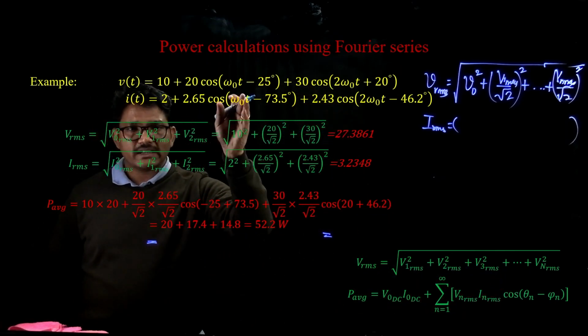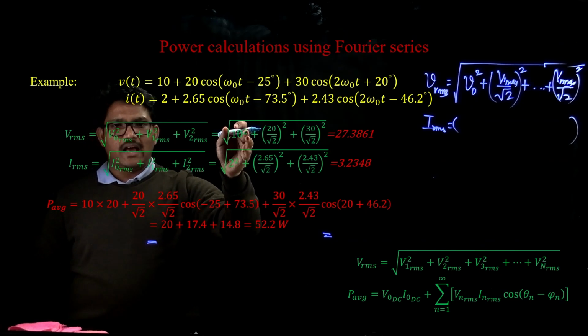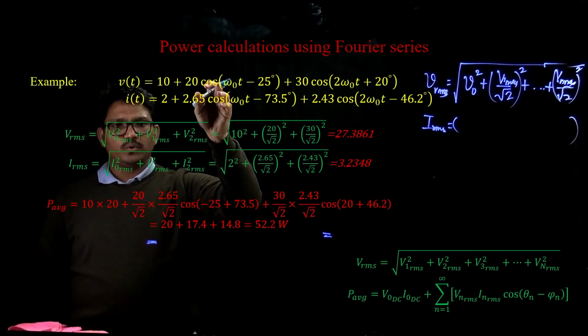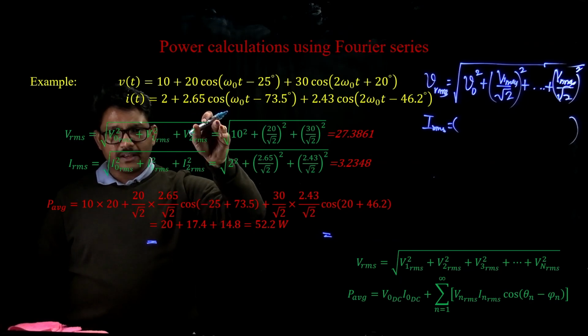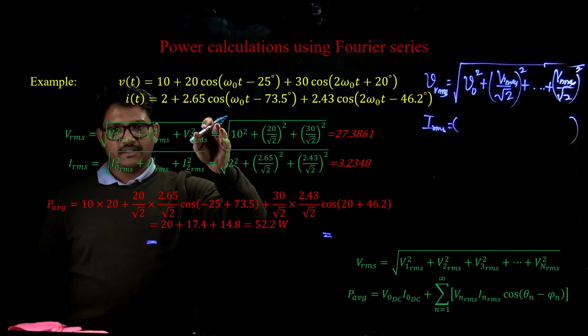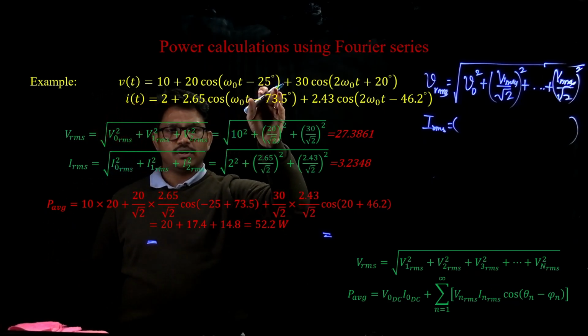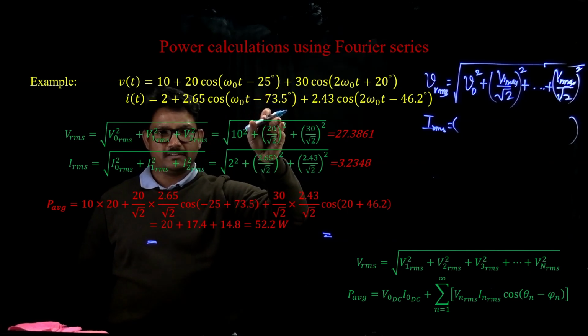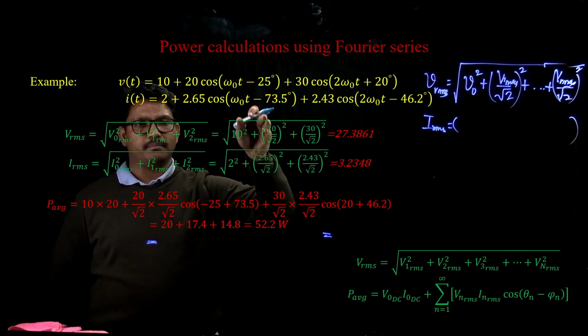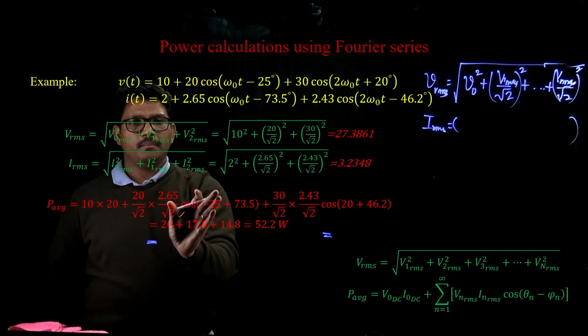V1 RMS is 20 by root 2, and the current RMS is 2.65 by root 2. Then the power factor is the cos of the phase angle difference, minus 25 minus 75, which is minus 25 plus 73. We'll have that power here.